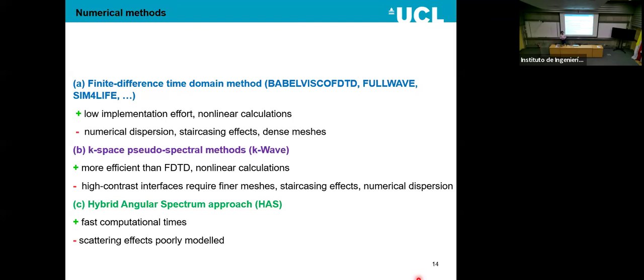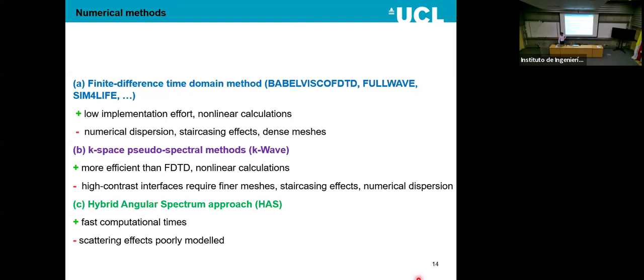There's the k-space pseudospectral method, which is more efficient than finite difference time domain, but still has some staircasing and numerical dispersion issues, and also requires finer meshing if you have high contrast media. In some cases, like the in utero sound propagation example I'm going to give you later on, where you have air and soft tissue with very high acoustic contrast, k-space pseudospectral methods tend to struggle with these kinds of scenarios.